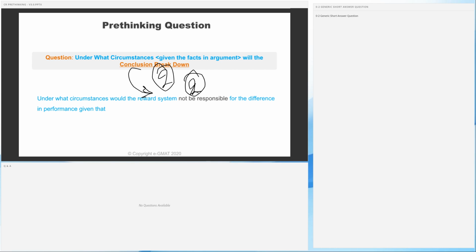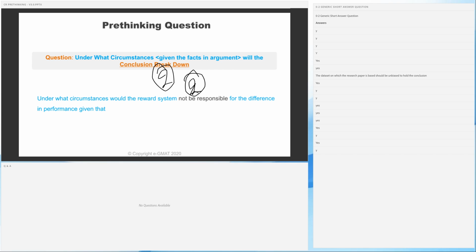Can you see how we translated conclusion breakdown to reward system not being responsible? This is a yes no question, guys. Okay, few more yeses.